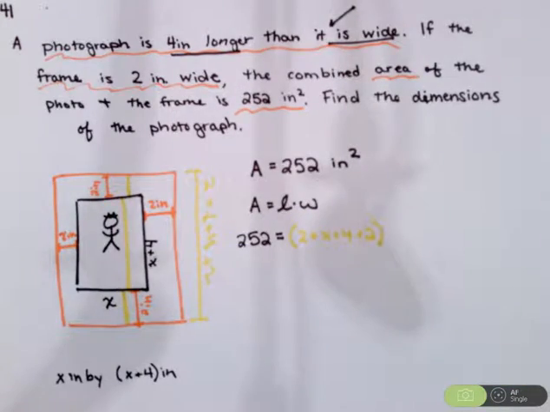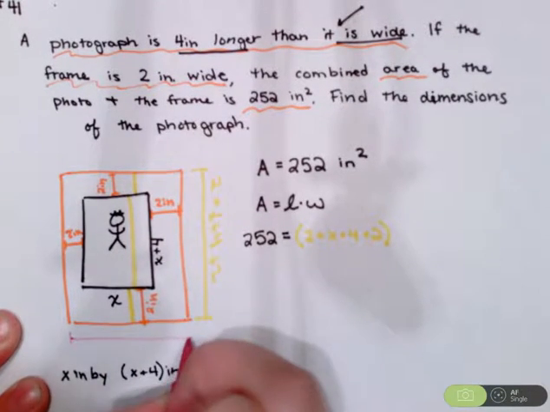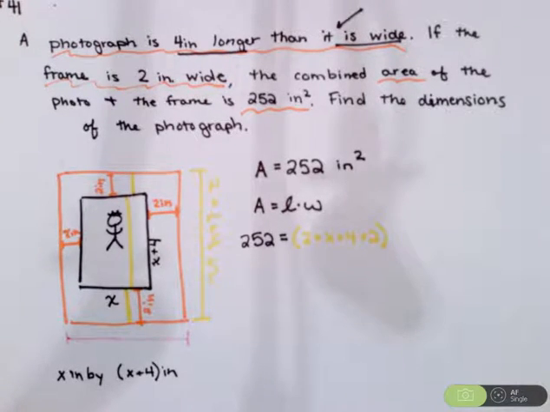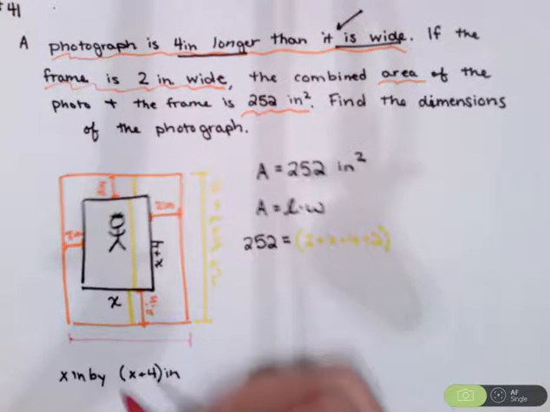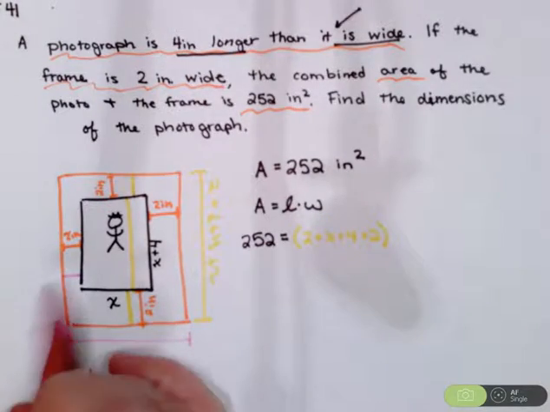Then I can come up with the expression for my width. My width of this whole thing is all of this. Oh, my pink marker doesn't work very well. Okay, so my width is this, which is 2 inches.